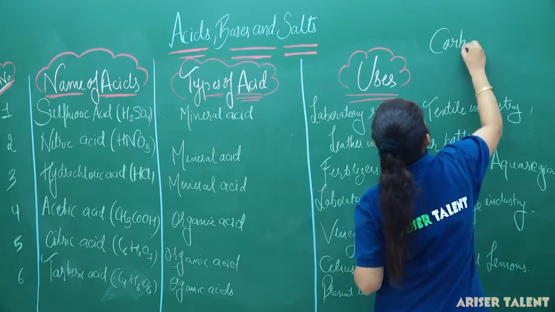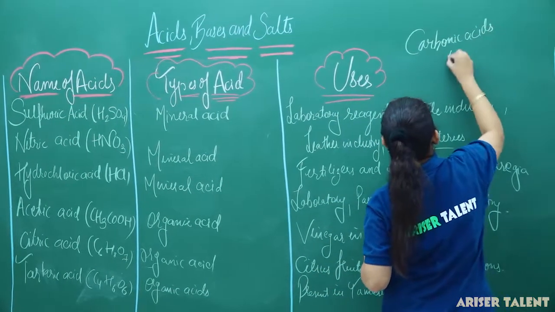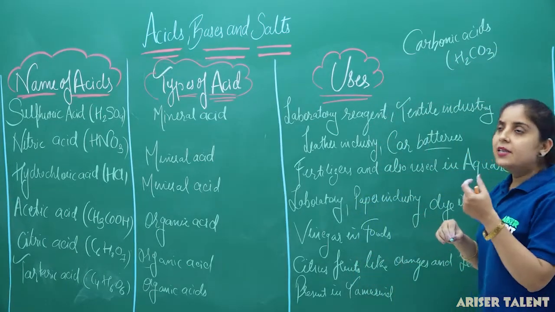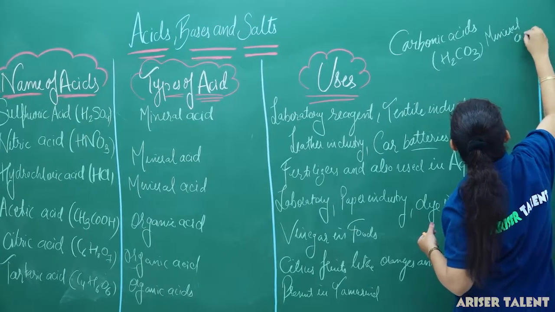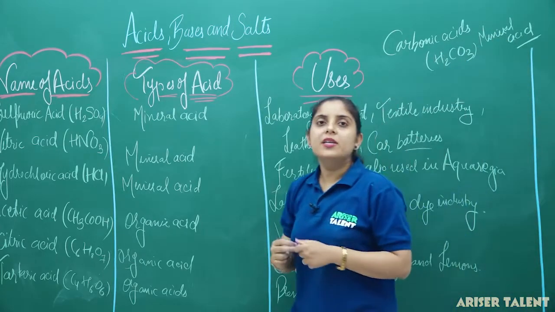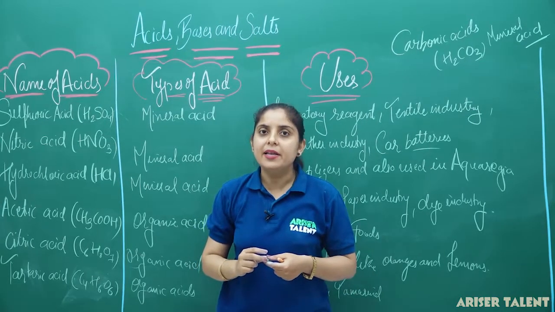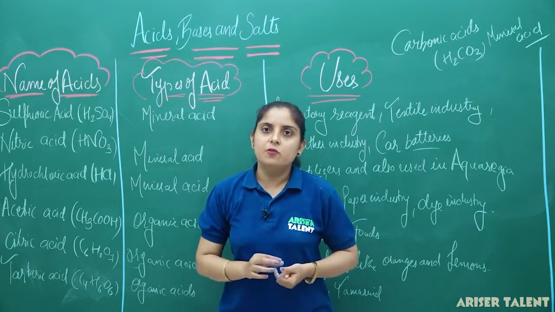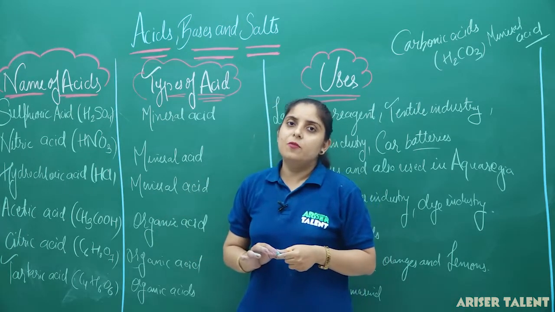They are using carbonic acid, H2CO3, which is a mineral acid. Another question can be what acid is used for converting milk into curd. For that, lactic acid is involved. These are some of the simple questions that can be asked from this type of table.